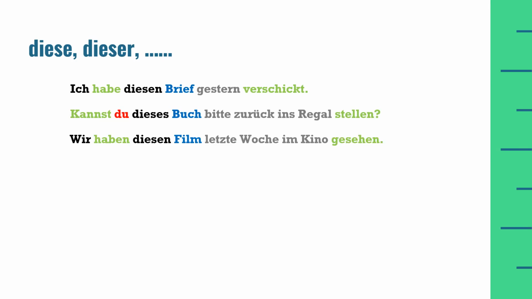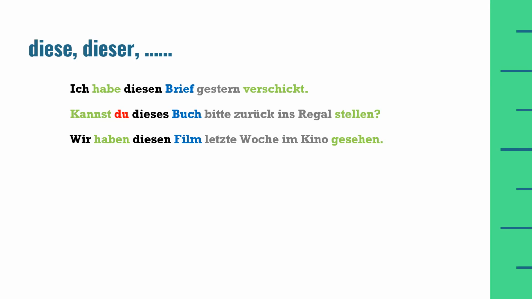Wir haben diesen Film letzte Woche im Kino gesehen. We have seen this film last week in the cinema. Now again in this sentence, Film is being used as the object of the sentence because it is being seen. Object of the sentence is accusative, so we have to use the ending for a masculine noun Film in accusative case, which is diesen.